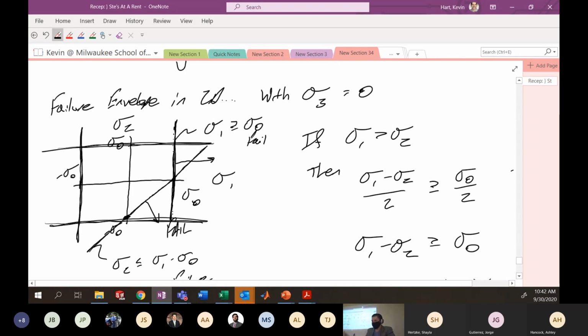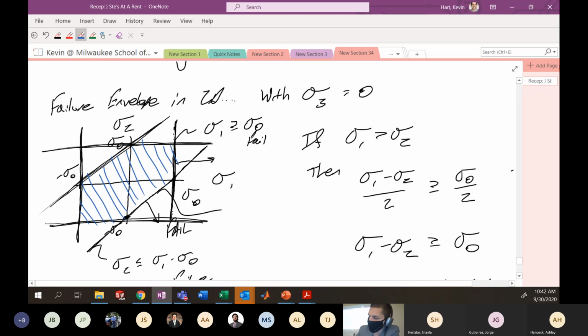But we have this additional wonky one that comes from the max shear stress theory, where we don't assume sigma 3 is 0. And that would give you this line, as well as this line. More detail about this in the notes. So the failure envelope here, if you want to stay safe, is this envelope here. That's the safe space.